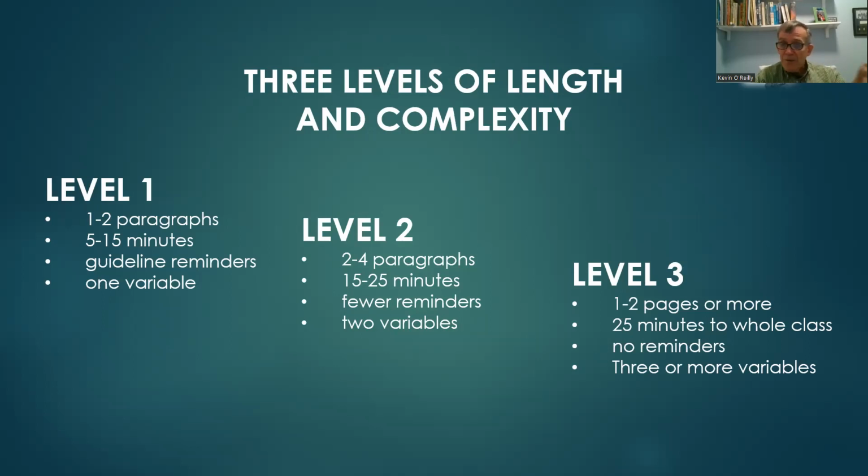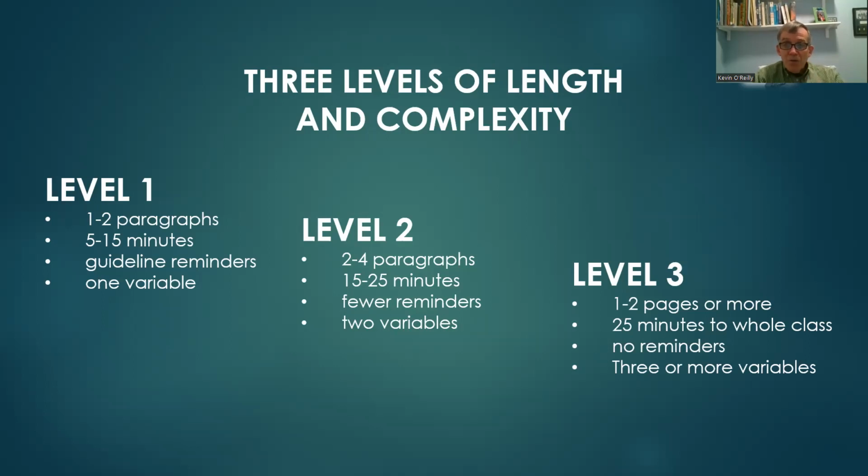There are fewer reminders and there's more variables. Level 3 is in depth, in some cases 1 to 2 pages per interpretation. It could take a whole class to discuss parts or all of it. There's no reminders and there's more variables.